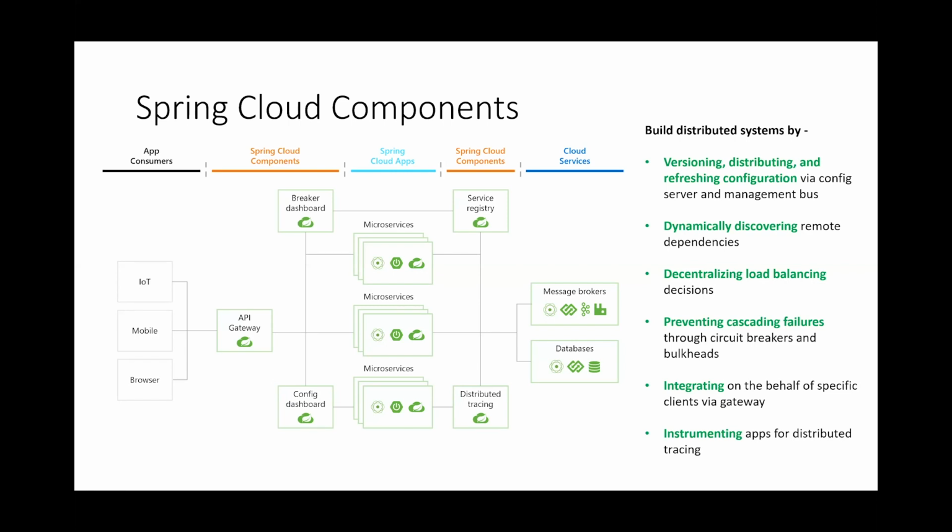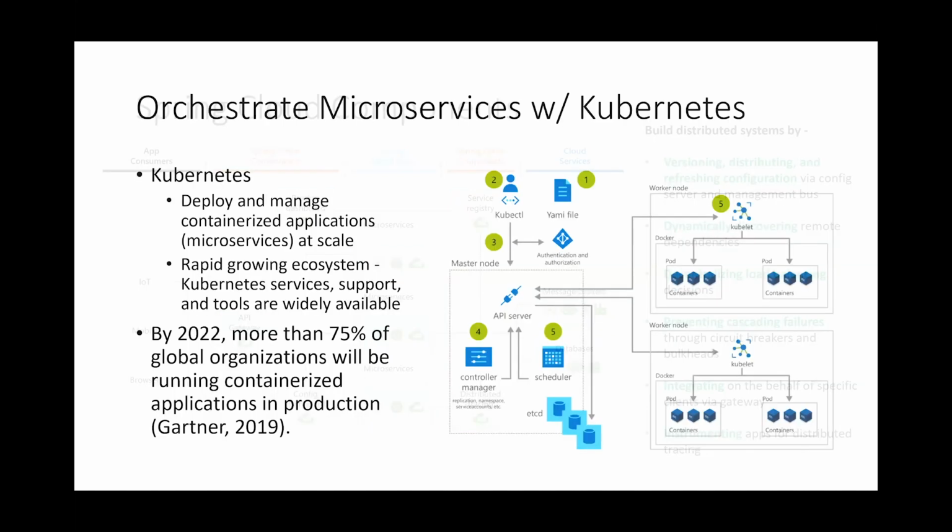As microservices grow to span multiple containers deployed across multiple servers and multiple virtual machines, operating them becomes more complex. So that is why we started to hear more and more about Kubernetes technology.